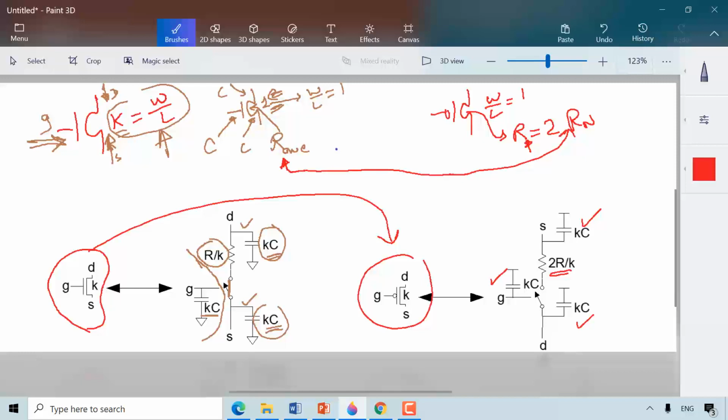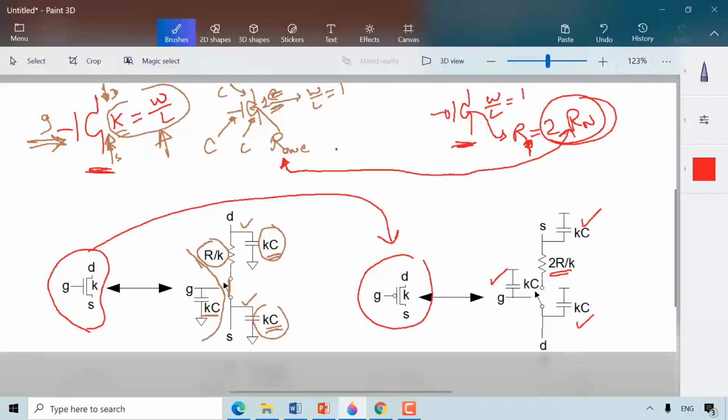So I would say that the average resistance for the NMOS is equal to R, and the main reason for that is that the holes are slower. The mobility of the holes is less than the mobility of the electrons, and the holes are the carrier in the PMOS, while the electrons are the carrier in the NMOS.